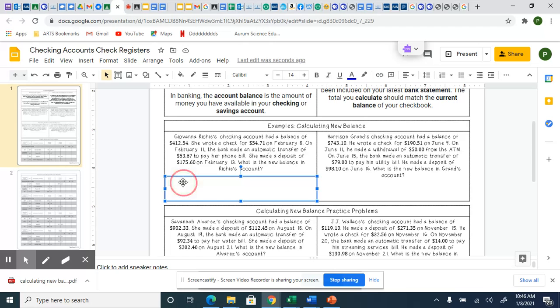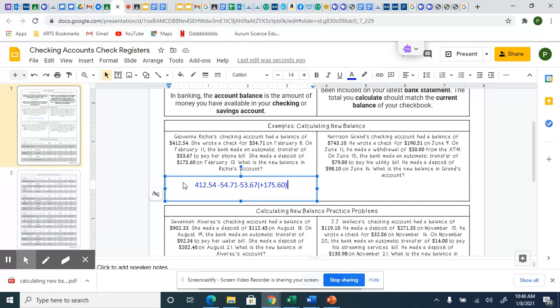So 412.54 minus 54.71 minus 53.67 plus 175. So what is her balance?